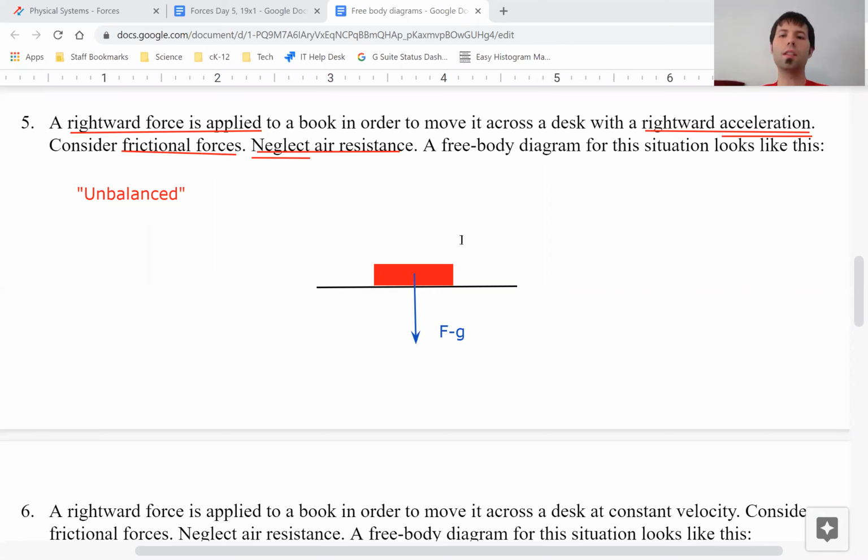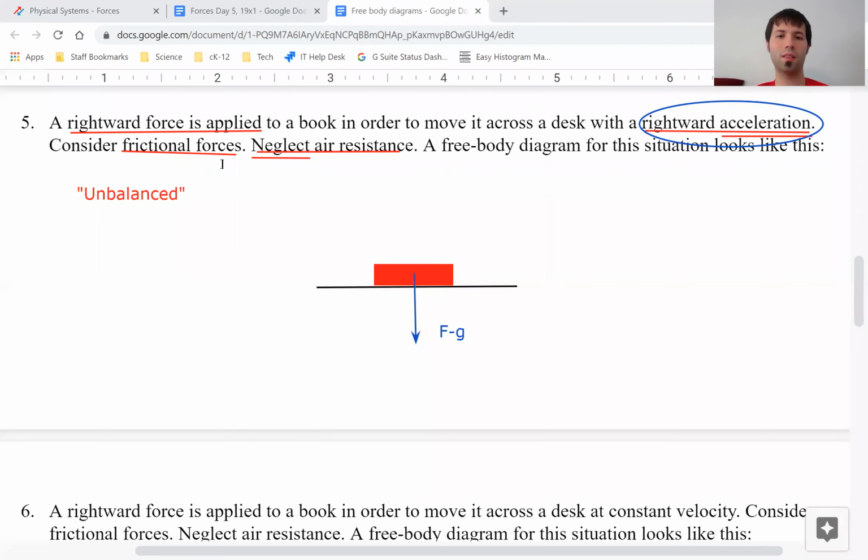Now, we know there's going to be an unbalanced situation. So if I left it like this, we know this is unbalanced. But let's look at what direction it is unbalanced towards. It is unbalanced to the right. Why do I say that? Well, because it says a rightward acceleration. So up and down, I should be balanced.